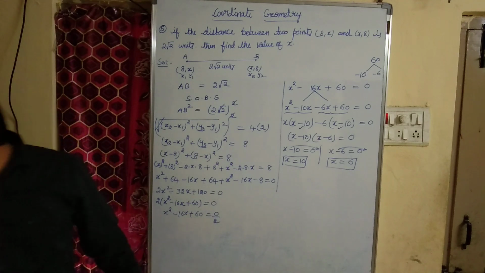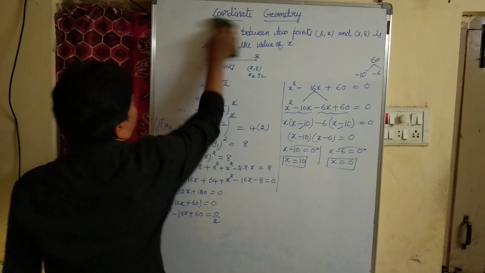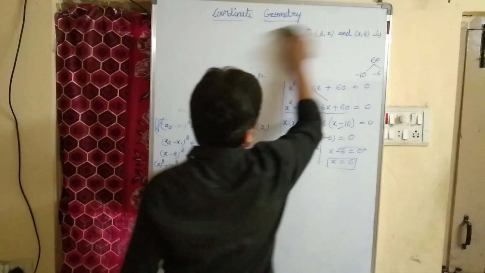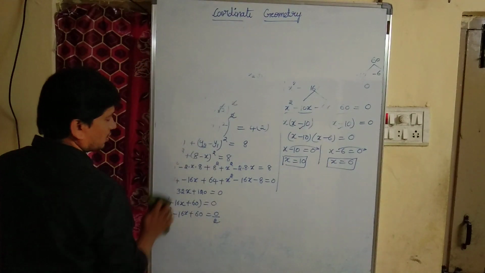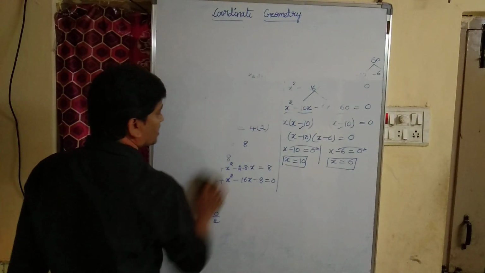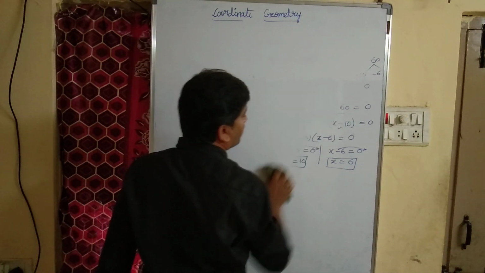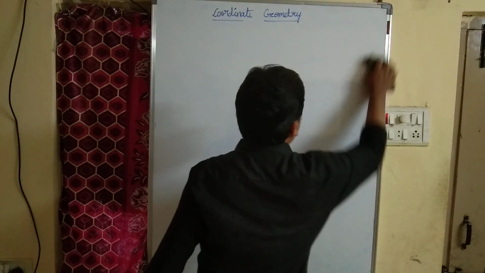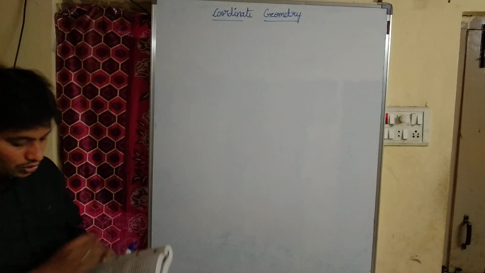One more method, the same topic we have discussed here. We have discussed the centroid of a triangle. What is the centroid of a triangle? That is x1 plus x2 plus x3 by 3, comma y1 plus y2 plus y3 by 3. So how is the question asked?